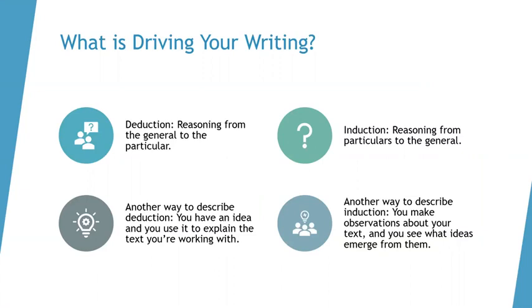So another way to think about deduction is that you have an idea already and you use that idea to explain the text you're working with, okay? So you already have a theory or an observation, something that you know about the text, and then you're going to go into it and support, prop up that idea with things you find in the text, but you have the idea first, okay?